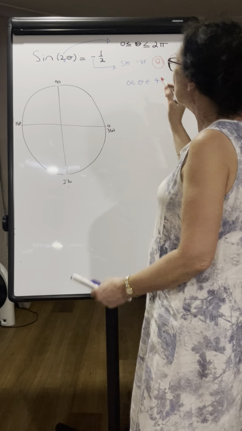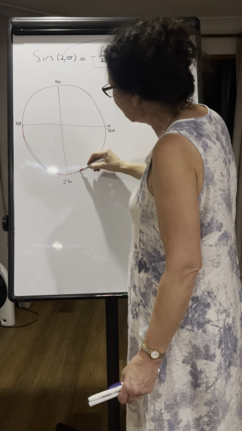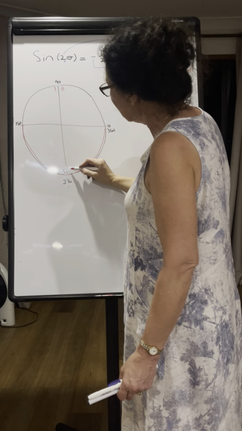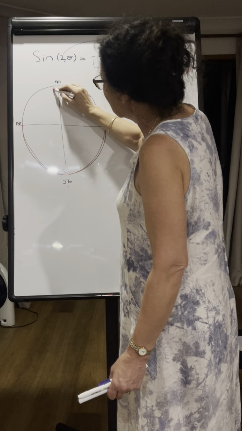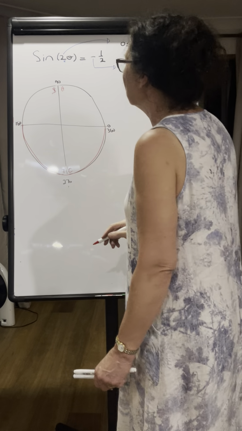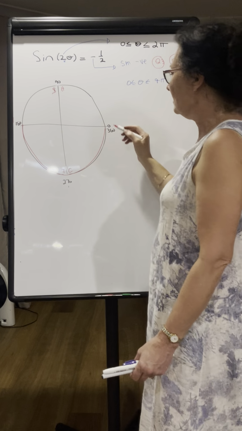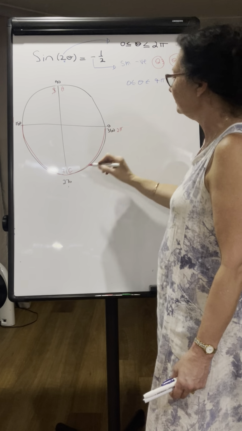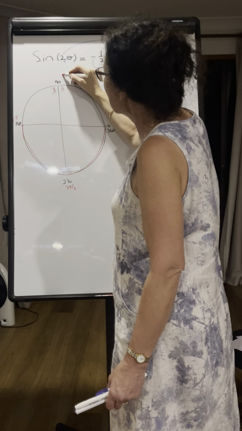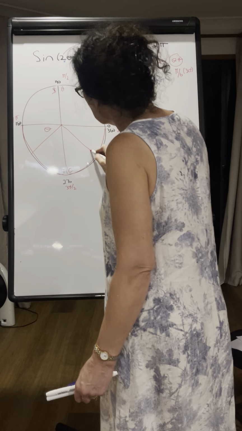So remember, we're only looking at quadrants 3 and 4, because sine is positive only in these two and negative here. So let's have a look. When we go round once, because that's to 2 pi, 3 pi over 2, pi and pi over 2. So we're looking at only here and here.